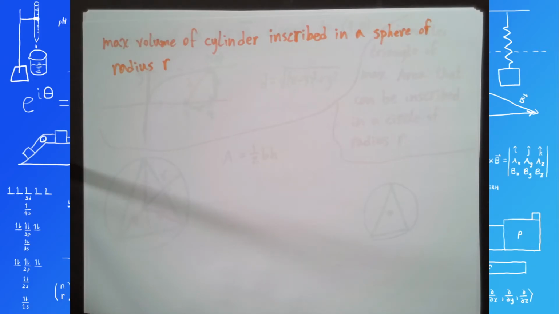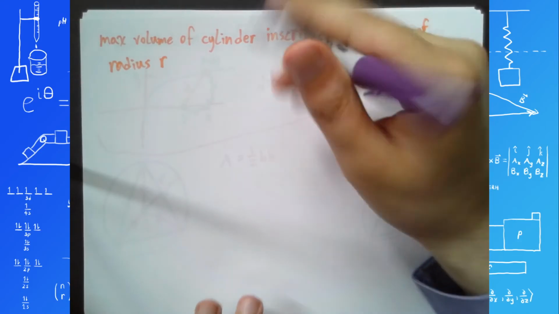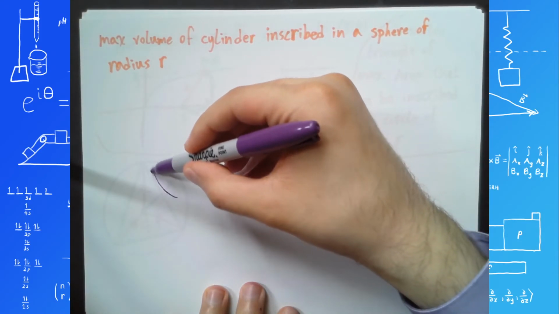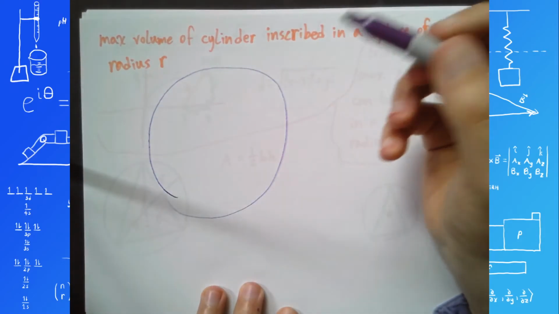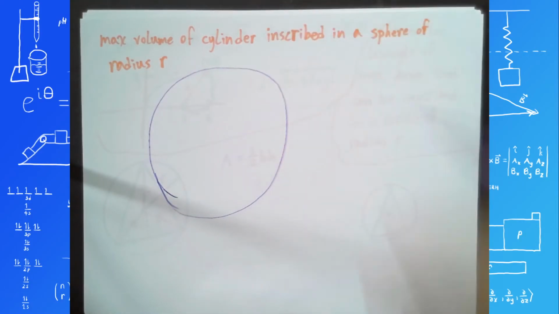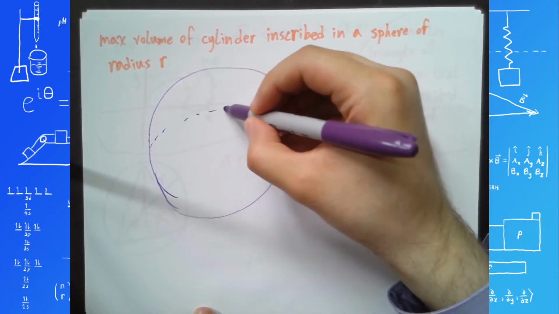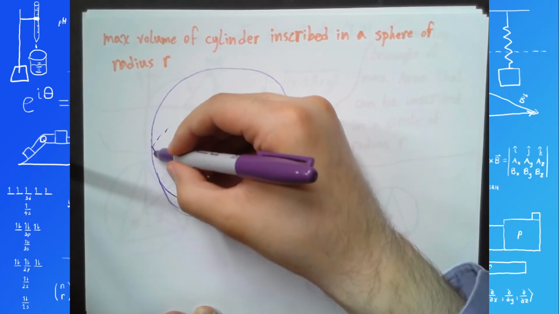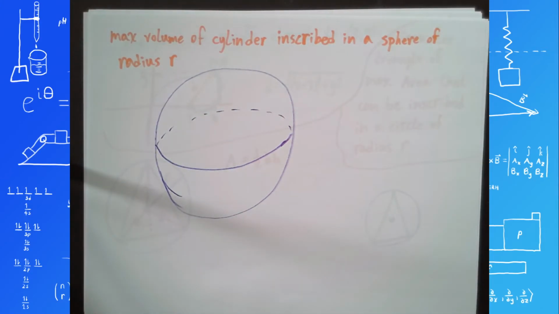So let's go ahead and start with a drawing. So we've got ourselves a sphere, which I didn't draw too well at the top there, and inside of our sphere is an inscribed cylinder.